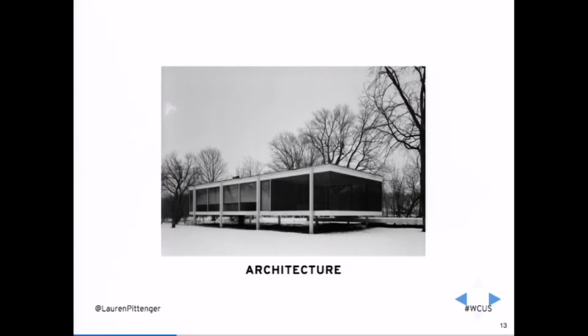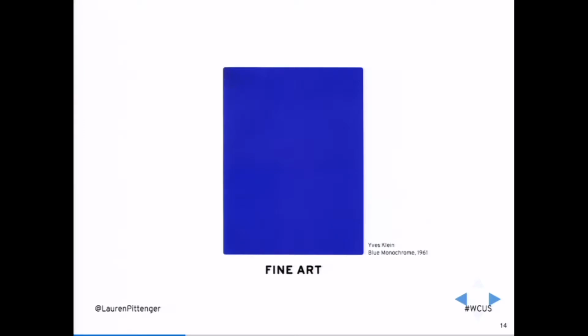So we can see minimalism has influenced a wide range of mediums. For architecture, minimalism meant focusing on simplicity and using modern materials such as glass and steel. We see it in fine art as well. Minimalism in fine art was about challenging the expectations of what an image can and should represent.